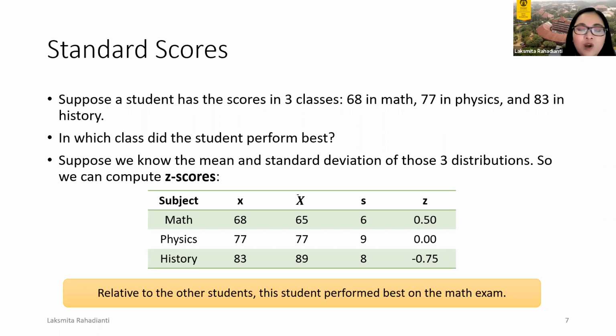So here you can compare different types of variables on different types of scales and different distributions so that you have an objective view on all of them.